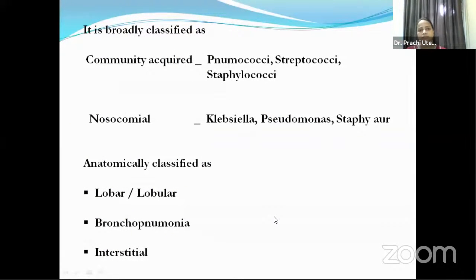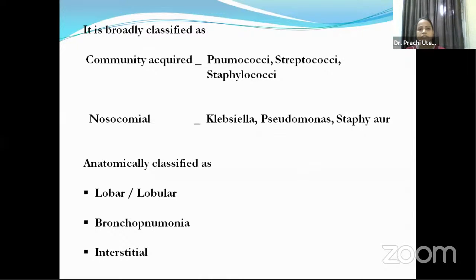Pneumonia is broadly classified as community acquired and nosocomial. Community acquired means it is acquired outside the hospital setup, from environmental factors and organisms, basically pneumococci, streptococci, and staphylococci. Nosocomial means hospital acquired, usually Klebsiella, Pseudomonas, and Staphylococcus aureus.